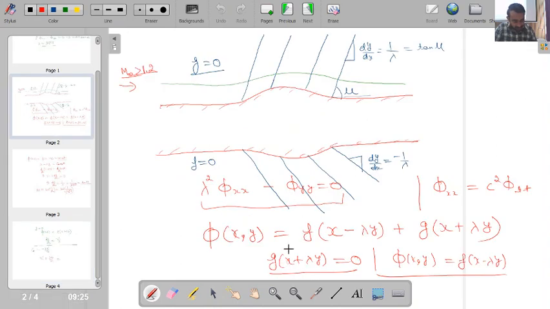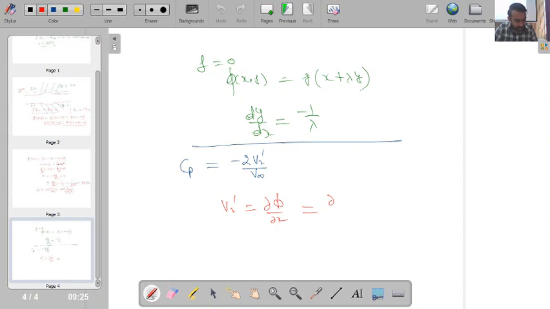So ultimately, when I have used this formulation, that g is 0, corresponding to that I will get del by del x of f of (x minus lambda y) into del by del x of (x minus lambda y). Ultimately I will get f dash over here, because this will be equal to 1.